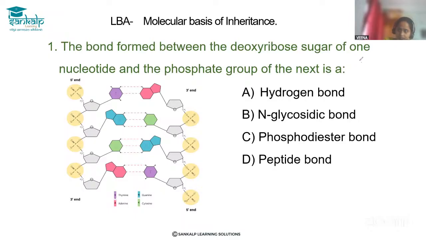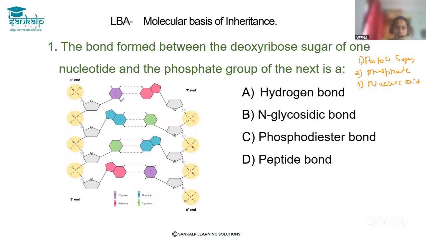First one is a pentose sugar, and then second one is the phosphate group, and then third one is the nitrogen bases, or you can also call them nucleic acids. Okay, so these three are the components present in the DNA.